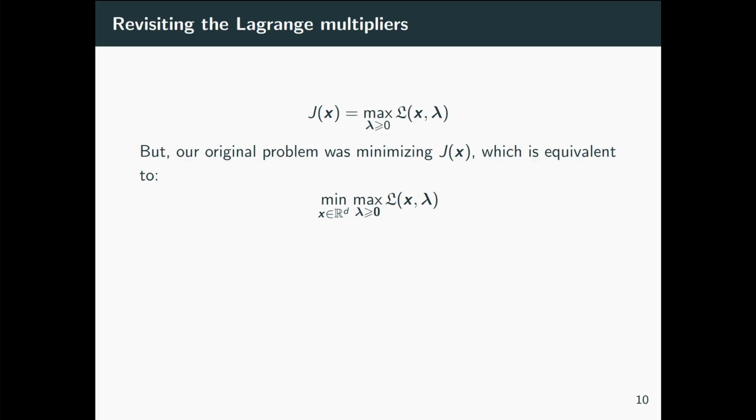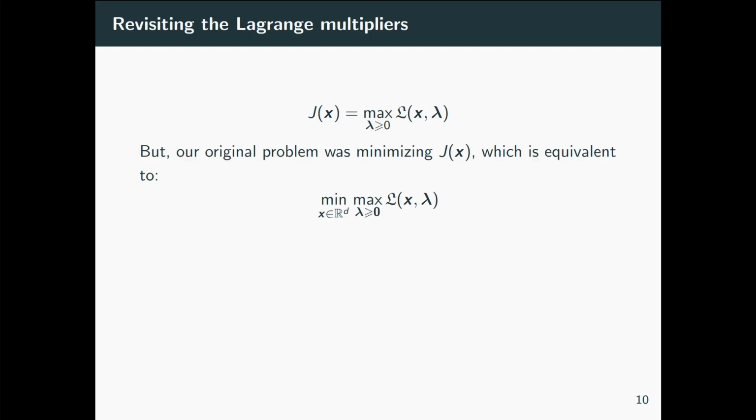Thus the original problem of minimizing g of x can be equivalently written as: first you find g of x, which is the maximization of the Lagrangian function of x and lambda, and then you minimize that over x. So g of x was minimized over x, and the Lagrangian function to obtain g of x is maximized over lambda, where lambda is greater than or equal to 0.